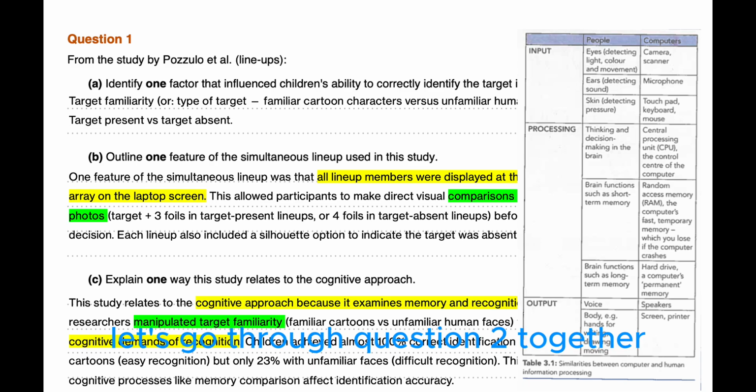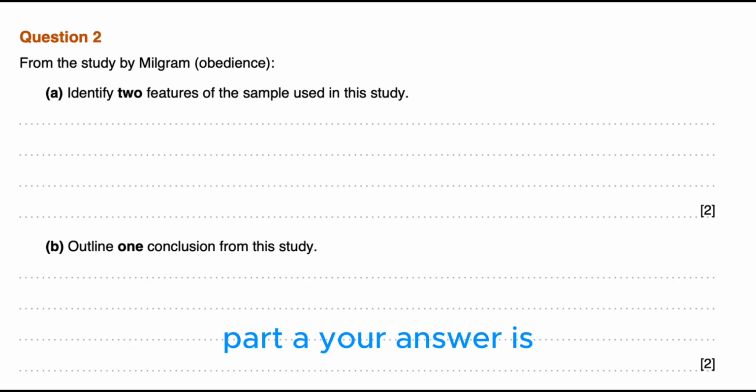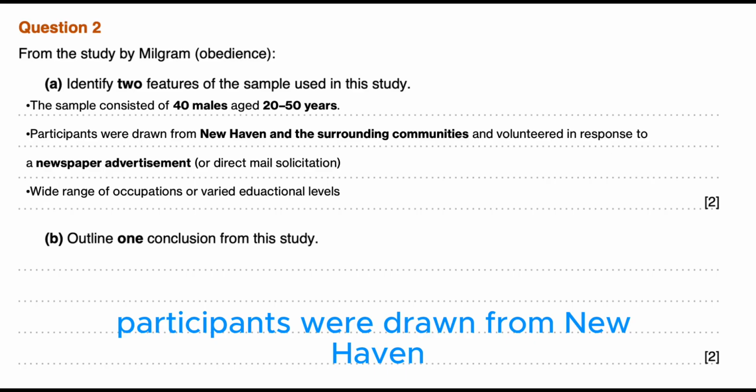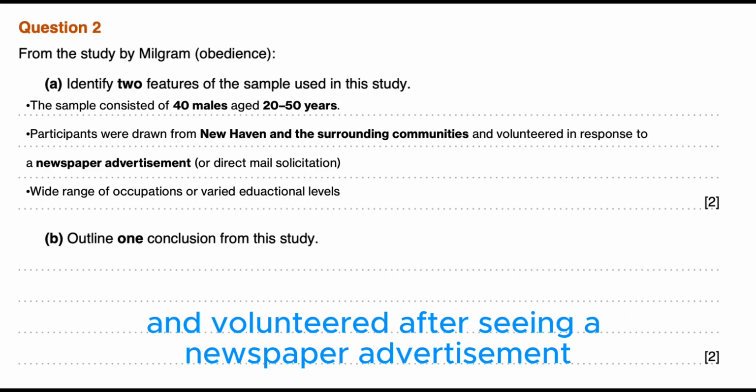Let's go through question 2 together, part A. Your answer is: the sample consisted of 40 males aged 20 to 50 years. Participants were drawn from New Haven and the surrounding communities and volunteered after seeing a newspaper advertisement.